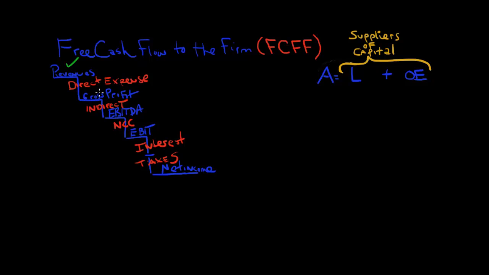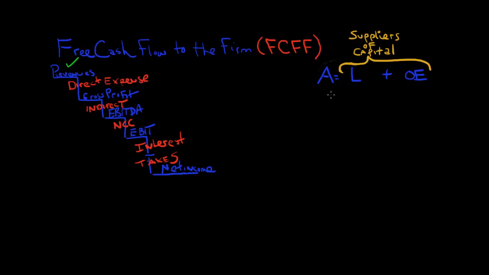Then we subtract our indirect expenses, which are sales, general, and administrative expenses, and we get the earnings before I pay my interest and taxes and any depreciation or amortization. This non-cash expense is referred to as either depreciation, amortization, or depletion. Then I have my earnings before I pay my interest and taxes. And here, at the very bottom, is net income on my income statement.